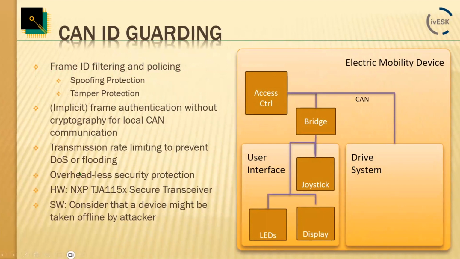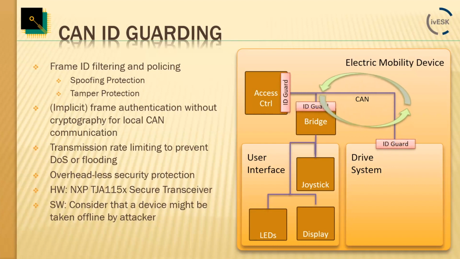And there's actually even a hardware solution for this, available since, I think, already 5 years or so. There's a specific NXP transceiver that, if introduced to the system and properly configured, will simply not allow illegal CAN IDs to pass. So you could say this ID guard is already like a firewall.